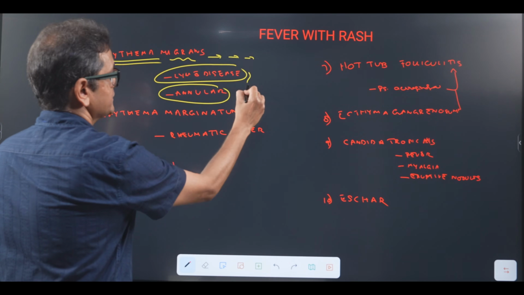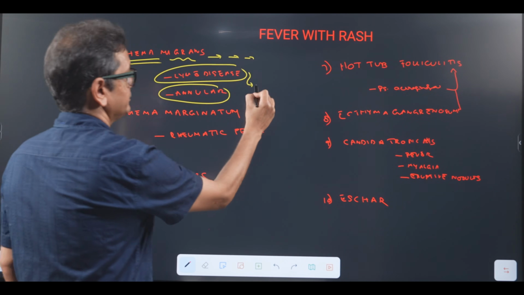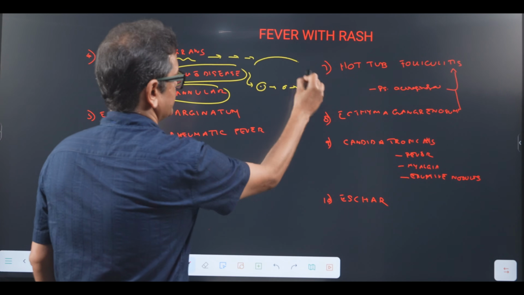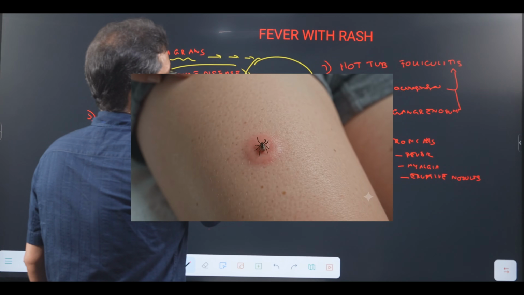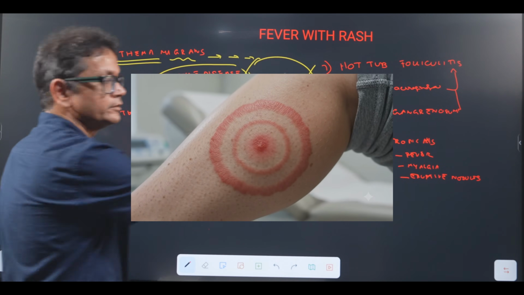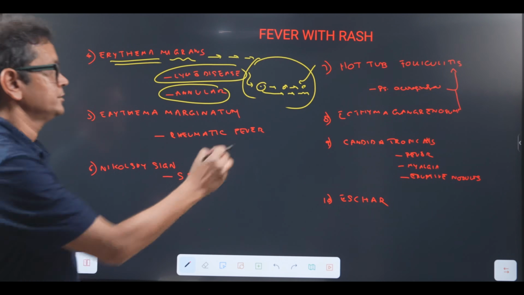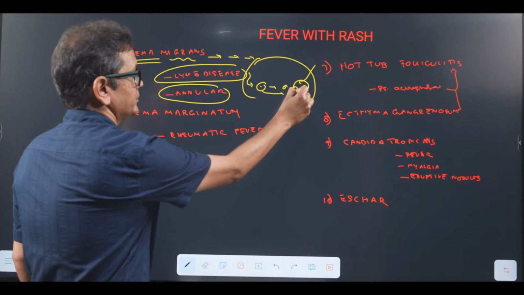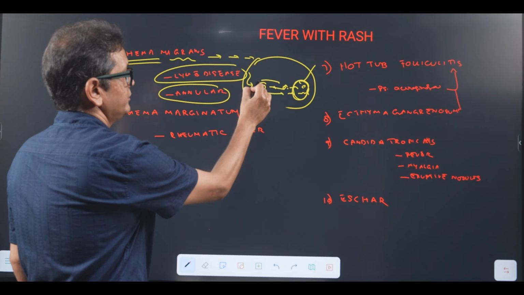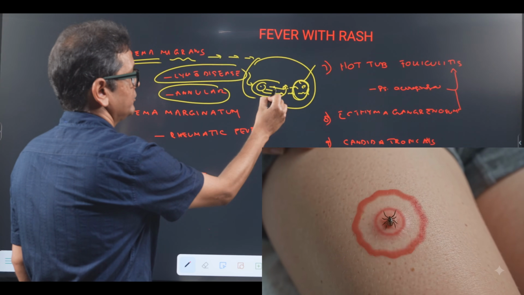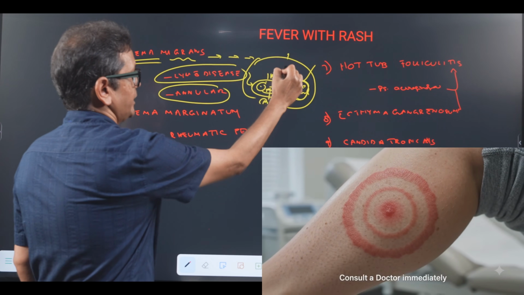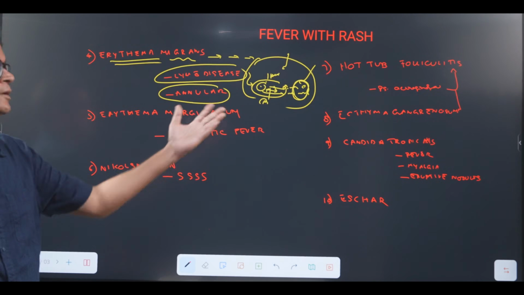Here, once this bacteria enters the skin, over a period of 2 to 3 days, assume this is the skin, it gradually migrates. Whenever it is migrating, it is eliciting a host tissue response. So, erythema will be there, and as it migrates, the previous areas where it has been now become normal, meaning blanched, coming back to the usual original color.